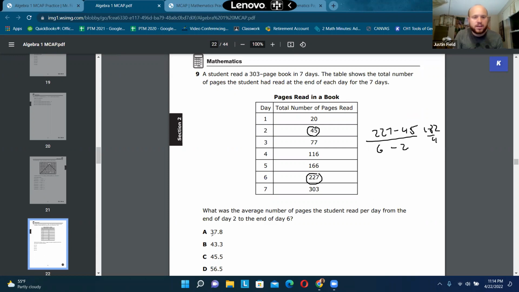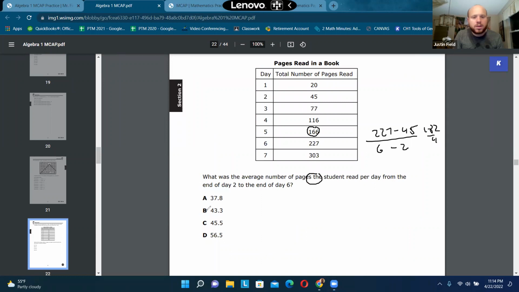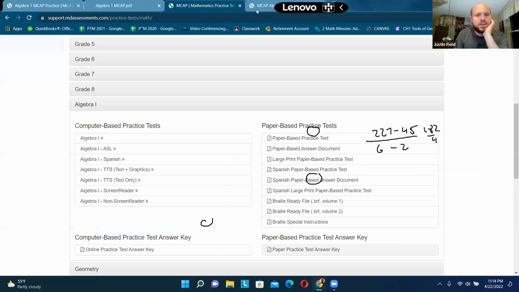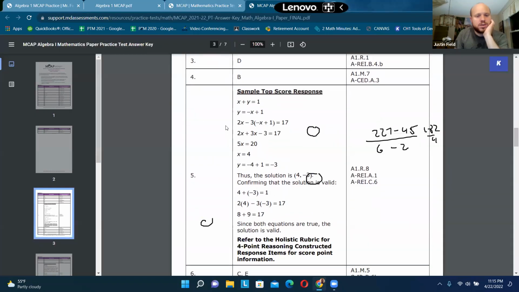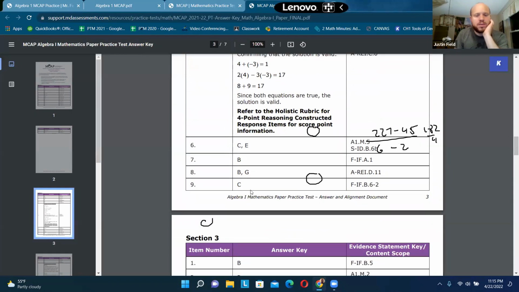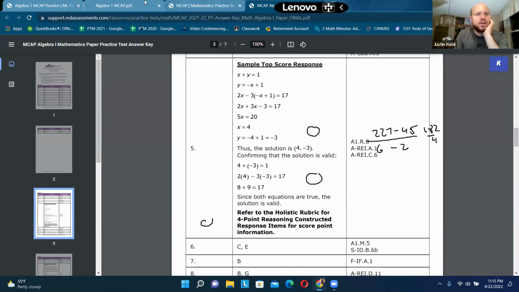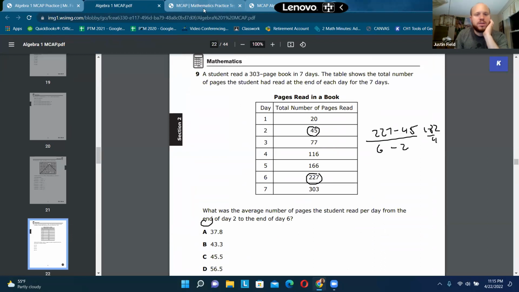So that's C. I do have a question about this one. So let's check the answer key and just make sure that number 9 is C. Huh. We're right. Okay. Good stuff. Just finding the slope.